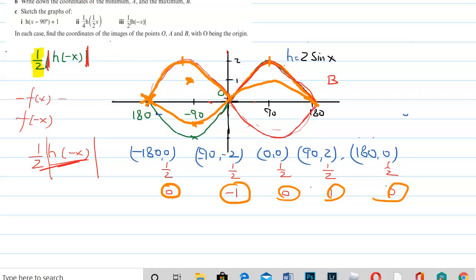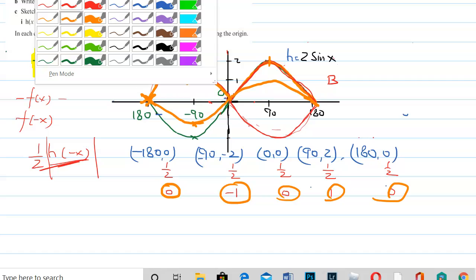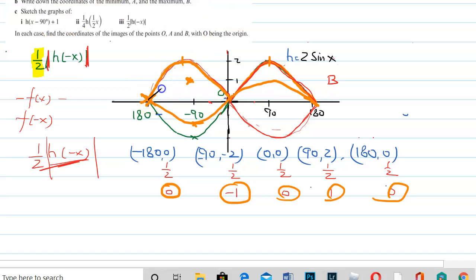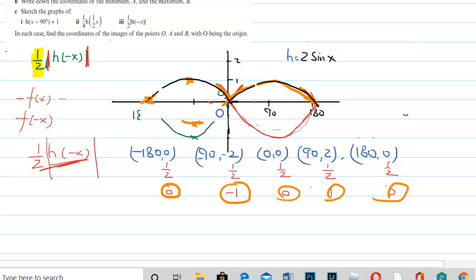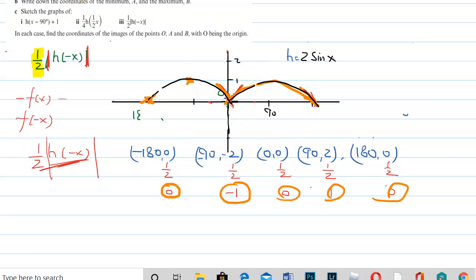So your final graph is going to be this one and this one. So we remove this one, we remove this one, and this black color is your final graph. So this graph will not be here, this graph will not be here, and this is the final graph.